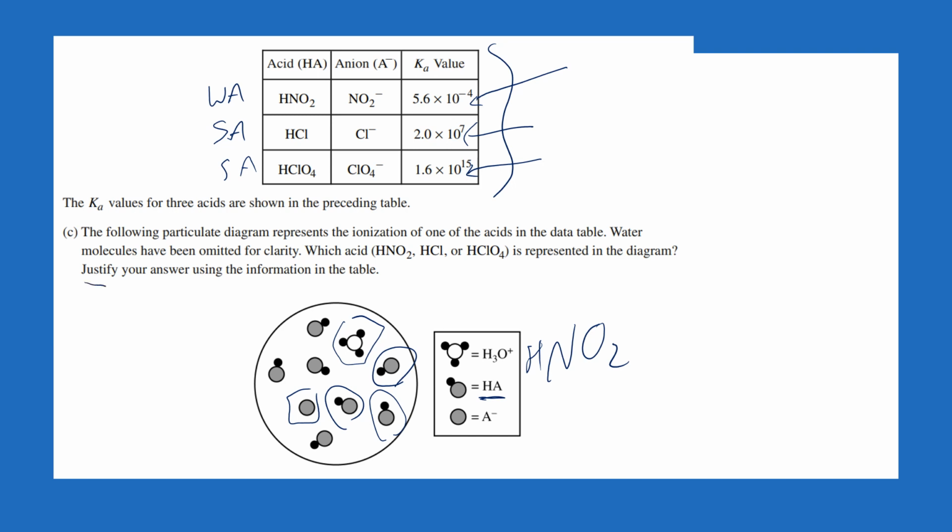I would say that you definitely have to mention the Ka value because of the way the question is worded. It's just using the information in the table. So saying that it has the smallest Ka value, so only some of it ionizes, or has a Ka significantly less than 1, something like that, would give you the answer there.